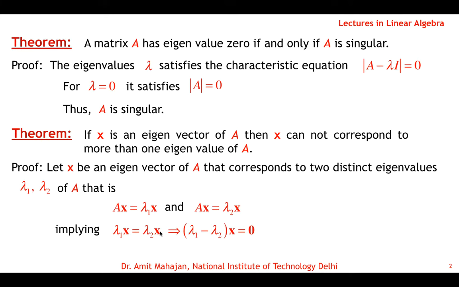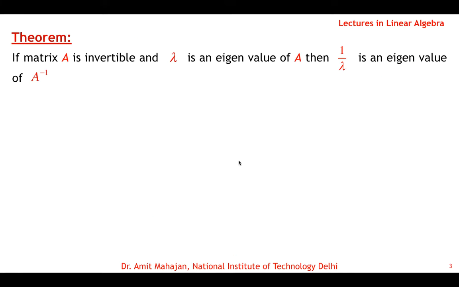Taking this to the other side, lambda 1 minus lambda 2 times x equals 0. Now it's a homogeneous system, and x being an eigenvector must be a non-zero vector, so the coefficient must be 0. So lambda 1 minus lambda 2 must be 0, which implies lambda 1 equals lambda 2, since x is an eigenvector, which is non-zero. That proves our second result.